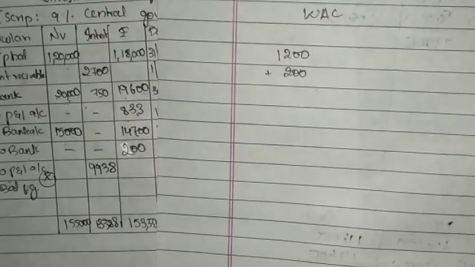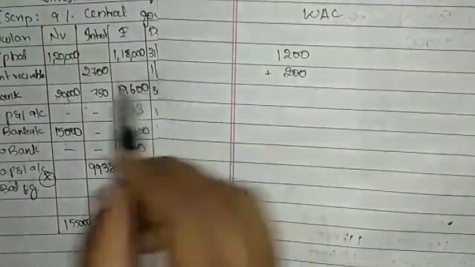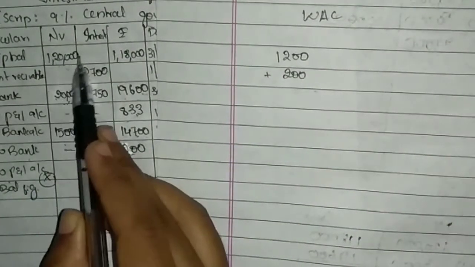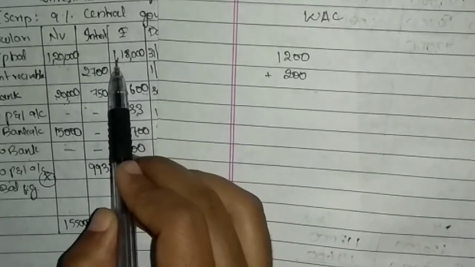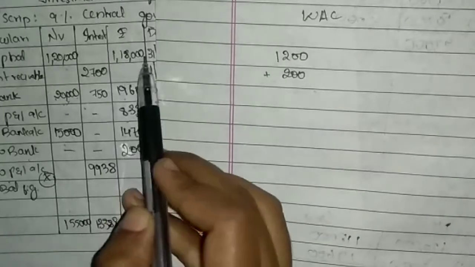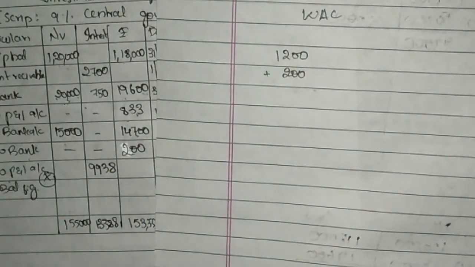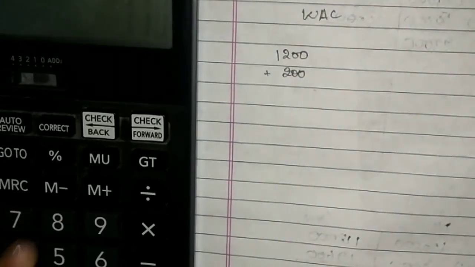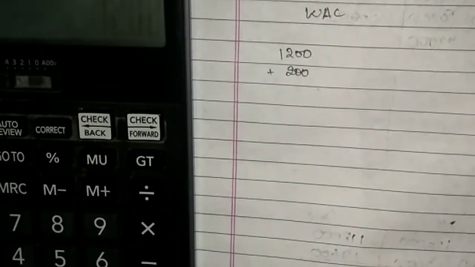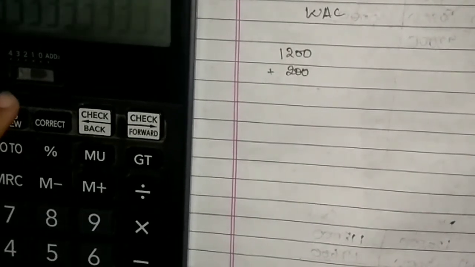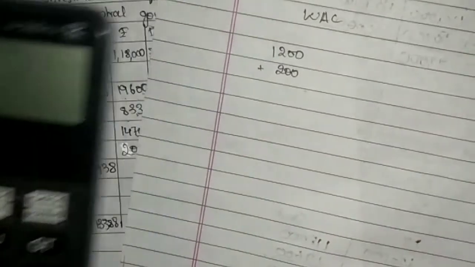For WACC you need per unit amount. 1,20,000 of the face value is having the cost of 118,000. How much is the per unit cost? So here we are taking that 1,18,000 divided by 1,200 units. You are getting the cost as 98.33.